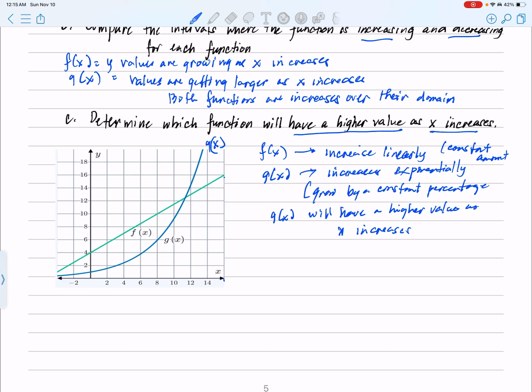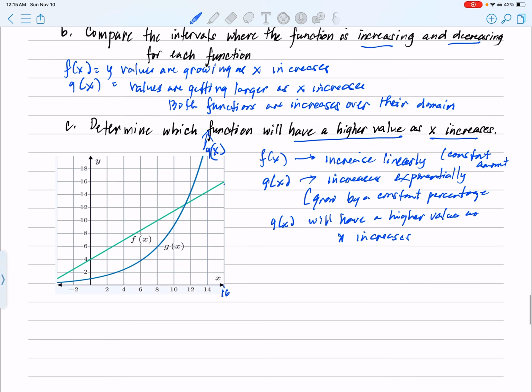So let's assume, but look at how fast it grows. The g of x increases as x increases. All right, I think this answers the question.